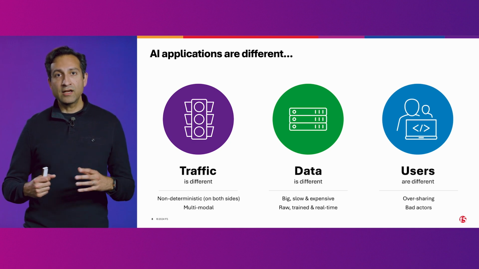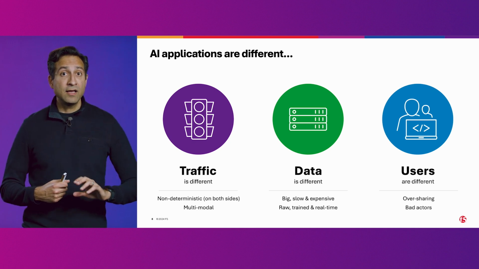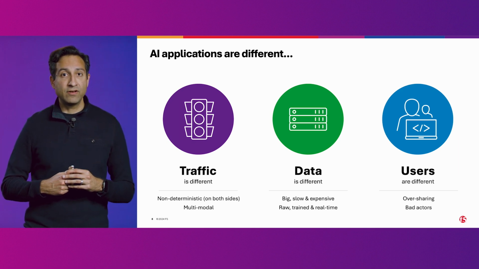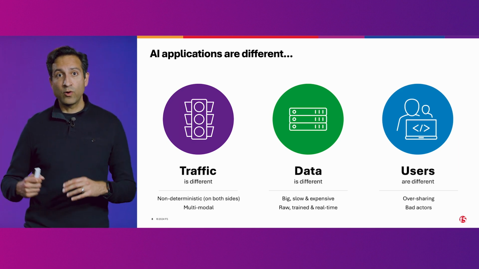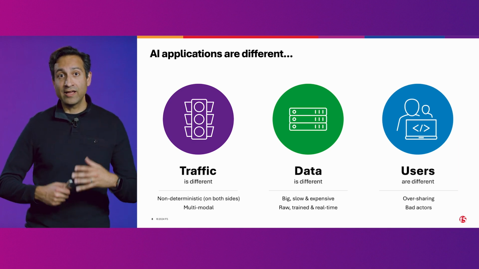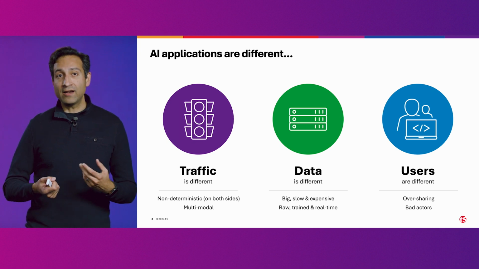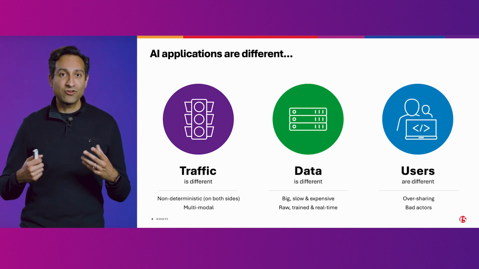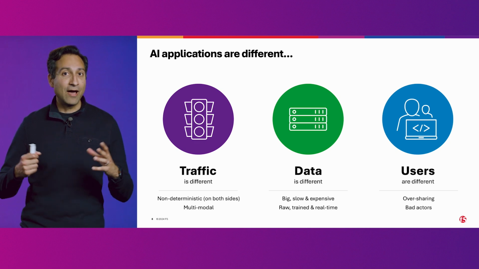And the unique thing about this is that given RAG, and such that we might be retrieving all sorts of information inside of an organization for a single query, traffic is just very non-deterministic. And when you add in the fact that the data could also be binary and not just language, well, that creates a whole bunch of complexity for organizations that are trying to manage their networks and how they optimize those networks.